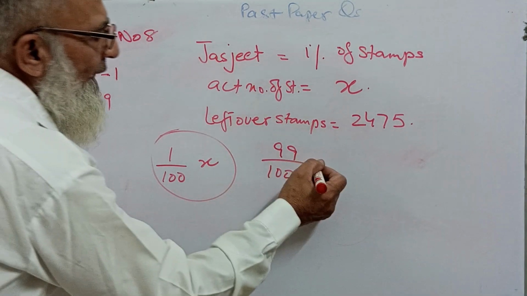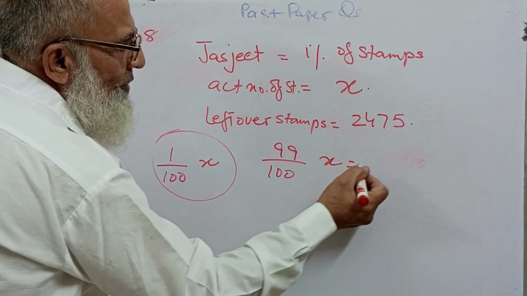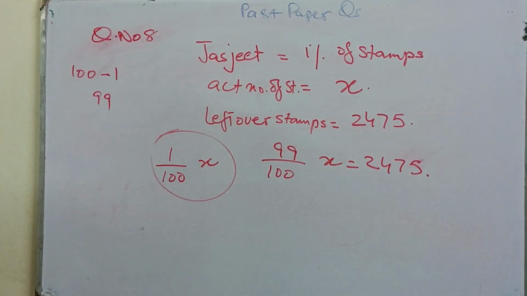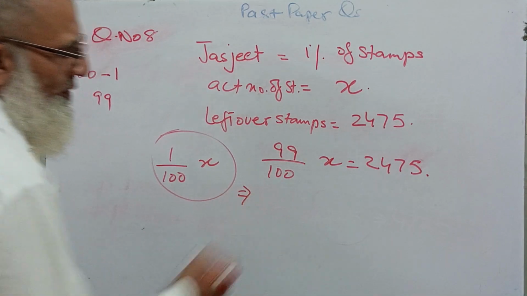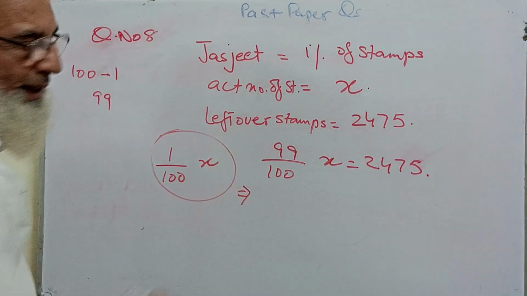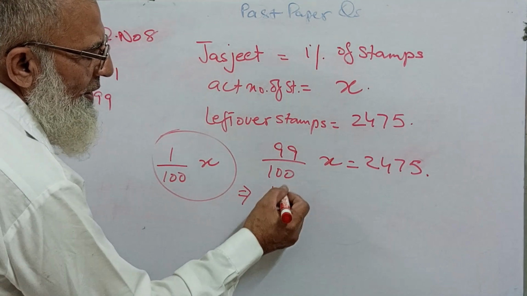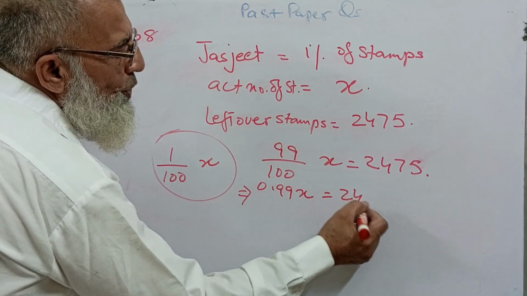So 99 percent of X is equal to 2475. So what we will do, now this is 0.99. You can also convert it to 0.99. X is equal to 2475.